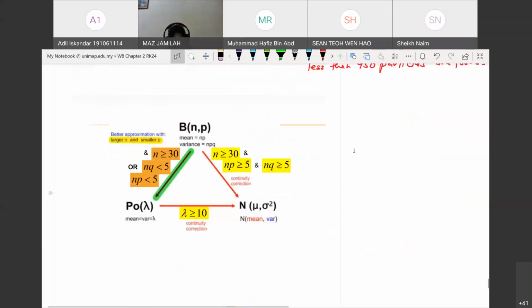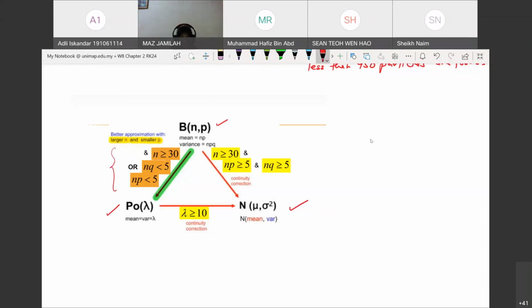So class, we have finished our chapter 2. In simple words, we have looked at how we can find the probability of our random variable if they are following binomial, Poisson, or the normal probability distribution, where we need to solve using the standard normal distribution. We can solve binomial using Poisson if the conditions are met.